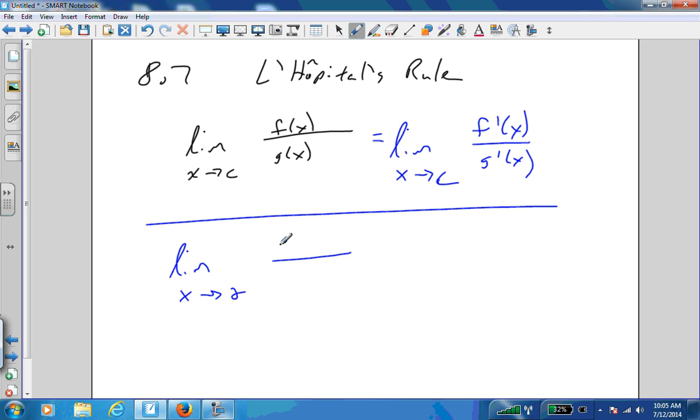Let's suppose we have x squared minus 4 over x minus 2, and we look at taking the limit as x approaches 2. Now notice if we substitute a 2 in, we get a 0 on top, a 0 on bottom, which is indeterminate.